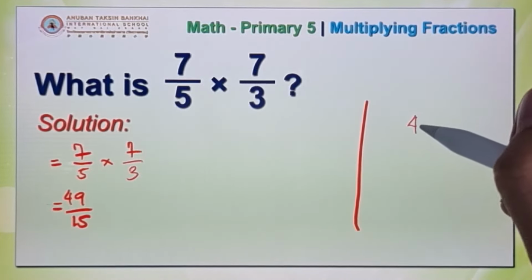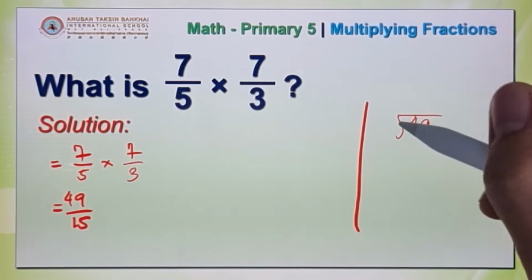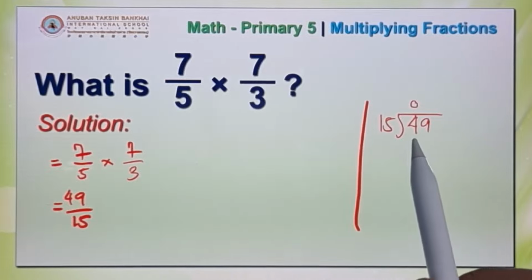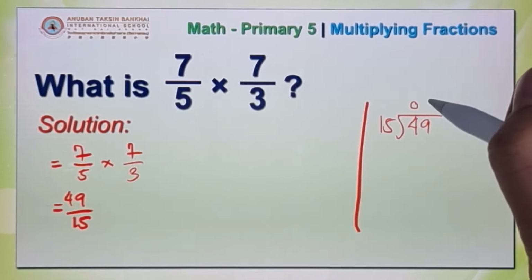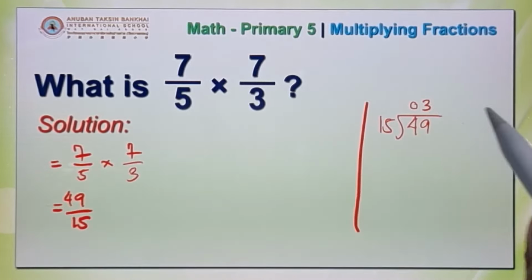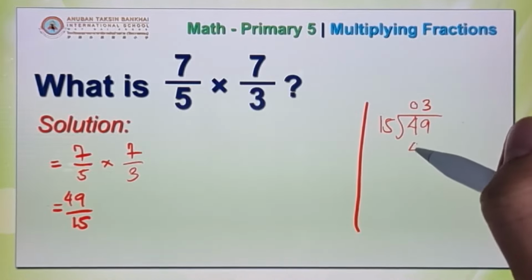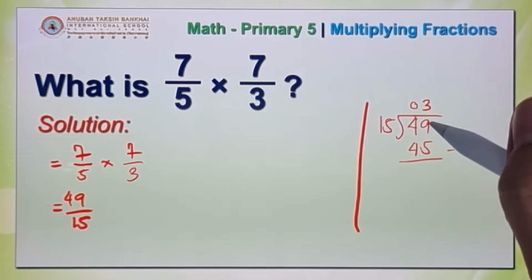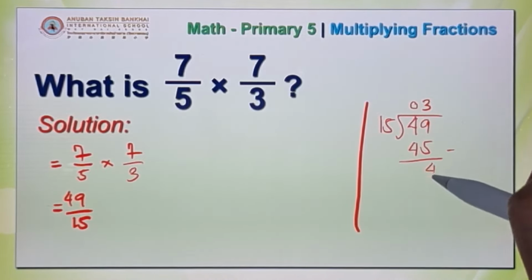So we have 49 divided by 15. 49 divided by 15, we have 3. 3 times 15, we have 45. Minus, 9 minus 5, we have 4. 4 minus 4, we have 0. So this is our remainder.